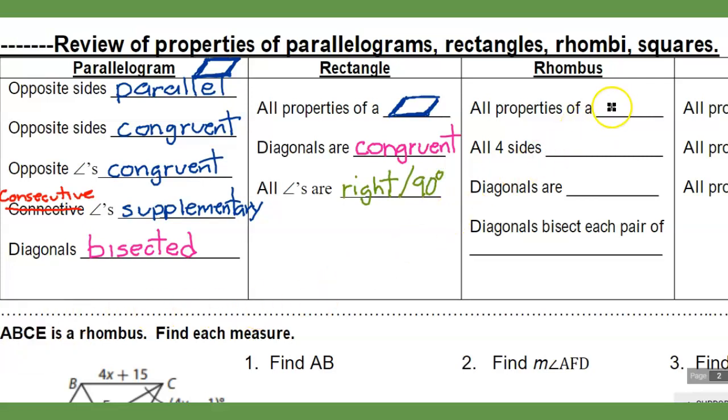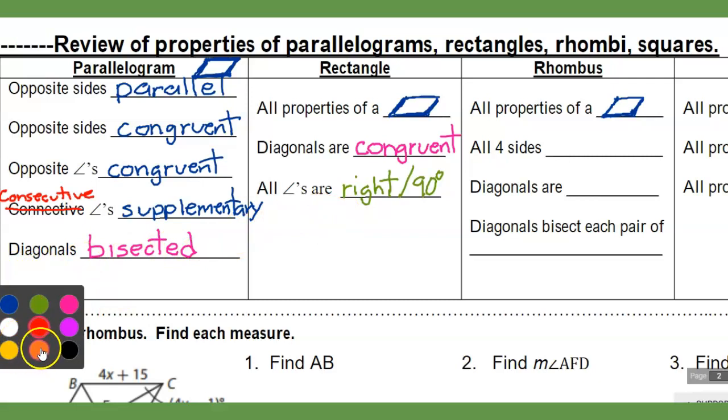And keep it going. Rhombus that we just talked about has all the properties of parallelogram. All right. Something different out of rhombus. All four sides are congruent.